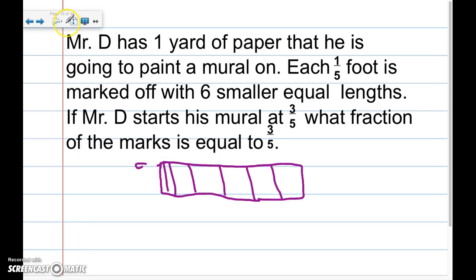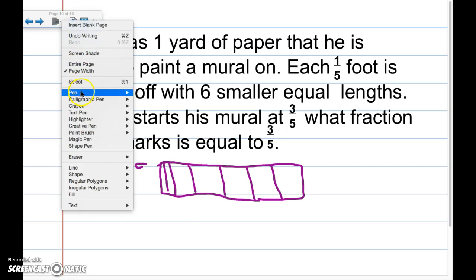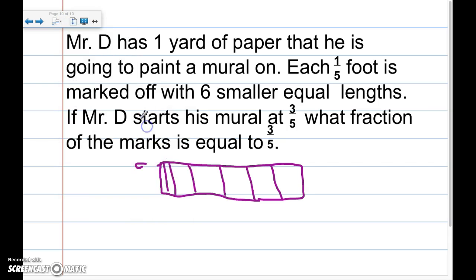Actually, I'm going to do the 6 pieces in a different color so you can see that. 1, 2, 3, 4, 5, and 6. 5 lines make 6 pieces.